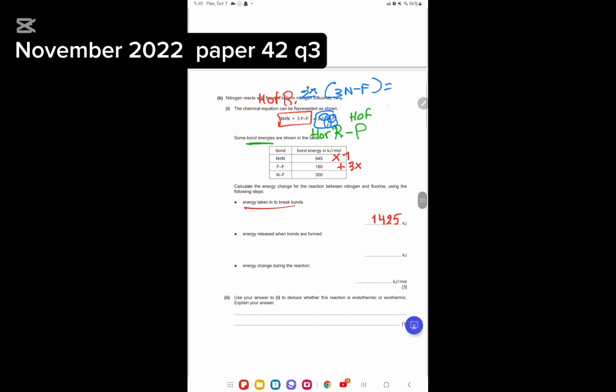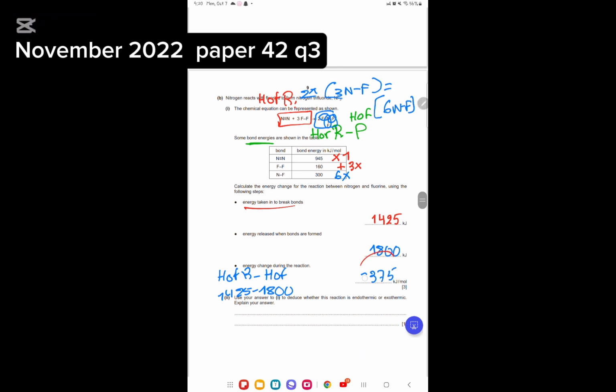So in total, it is 6 NF bonds. So it is now 6 times the NF bonds. We will get then 1,800 kilojoules. Now the energy change is the heat of reactants minus heat of products. So 1425 minus 1,800, if we do it on our calculator, we are going to get negative 375.